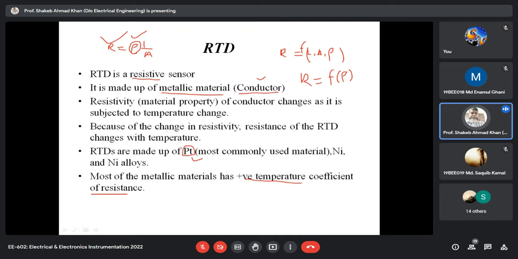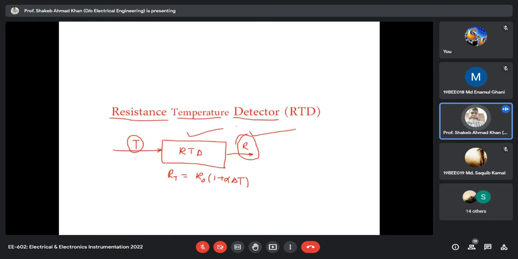What is the meaning of this? You must be aware of it. Temperature coefficient of resistance. What do you mean by temperature coefficient of resistance? Here what is alpha? What is alpha?